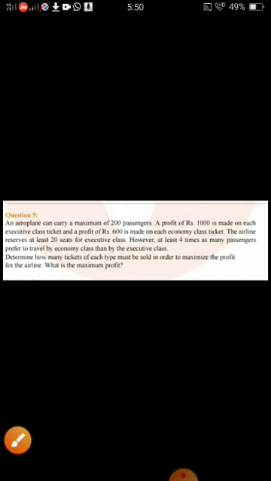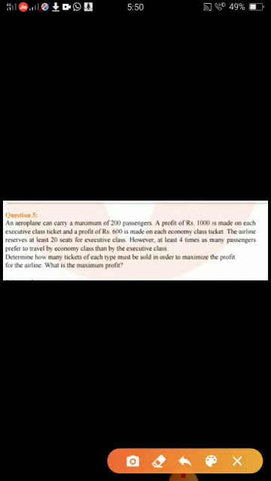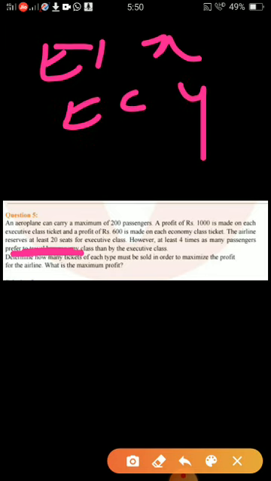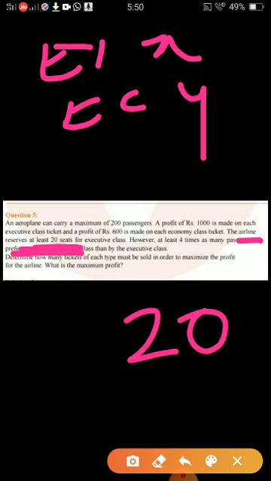Okay. Now see the next. The airline reserves at least 20 seats for executive class. We took executive class as x, economy class as y. That means a minimum of 20 seats for executive class.